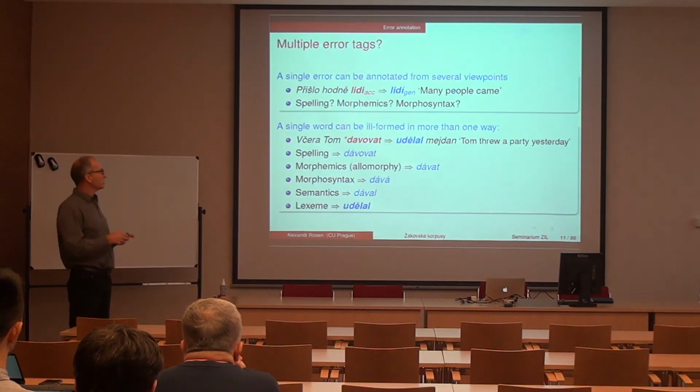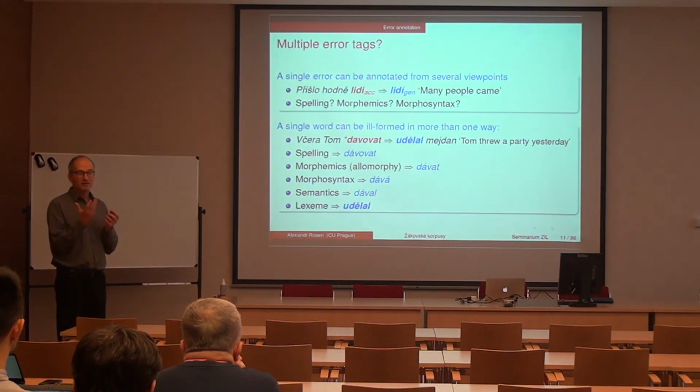Maybe she or he really meant accusative, but it's genitive. Maybe she or he doesn't know that these quantified expressions require genitive. So there are many things that you have to decide before you start tagging errors.